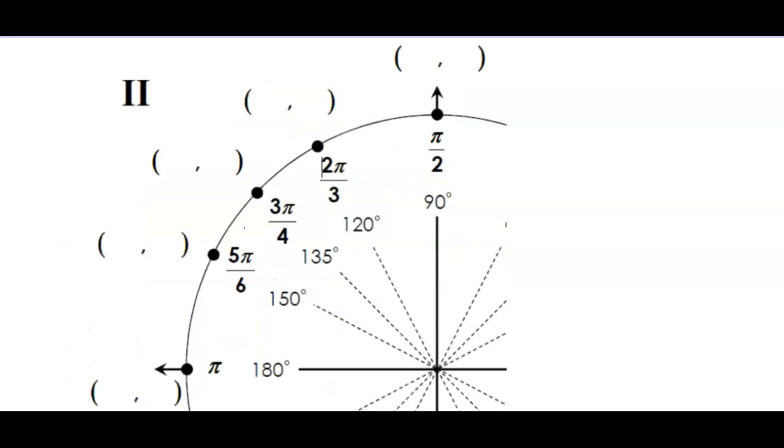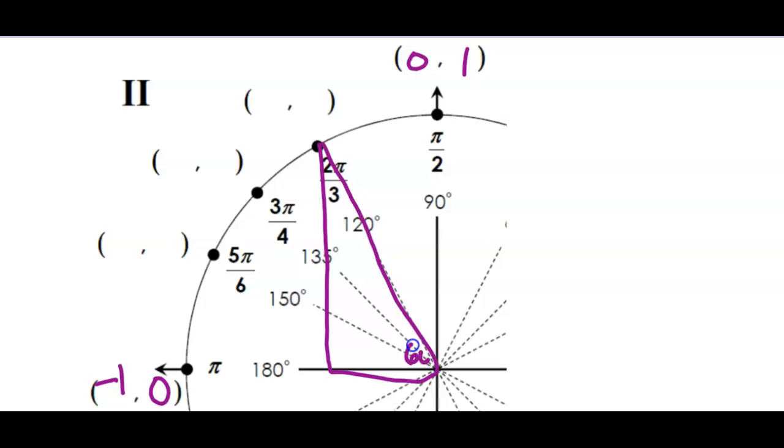Sorry, wrong way. This was over 0 and up 1. This one is going to be straight over 1, negative, and up 0. Now, this again is the 30, 60, 90 with a reference angle in here of 60. So look, I went over a little bit, but I went left, and up a lot, square root of 3 over 2.